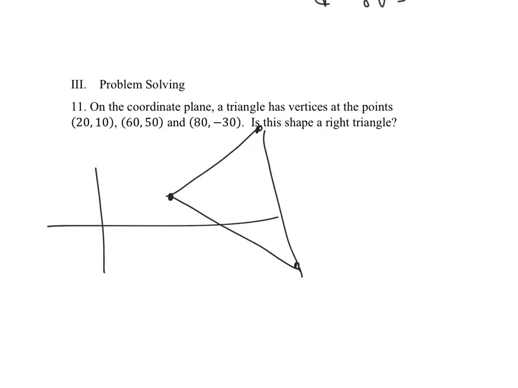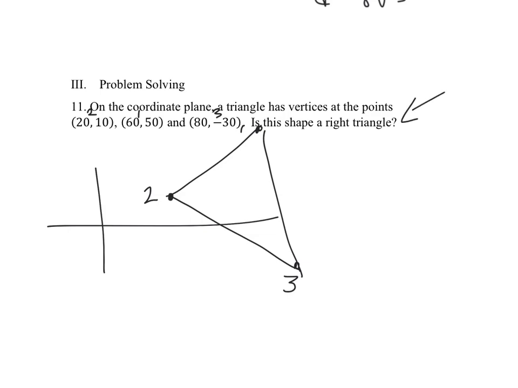Well, what could potentially be your right triangle? So if I call this point 1, point 2, and point 3, if I find the distance between each one of these points, like I did up top, and then I plug that into my Pythagorean theorem, I can see, is this actually a right triangle?